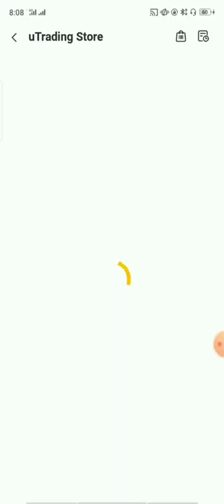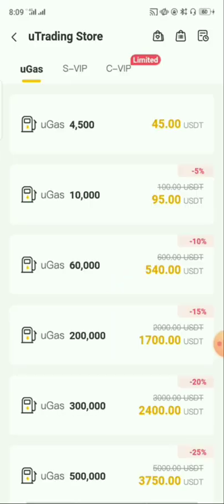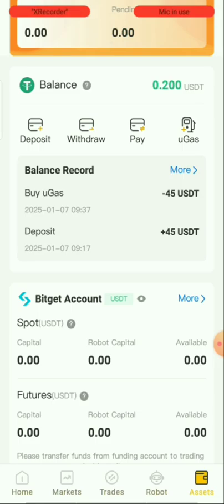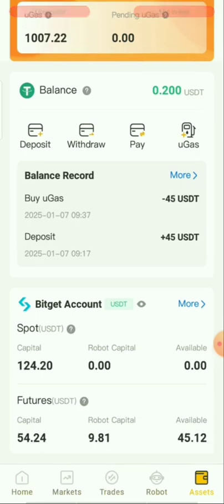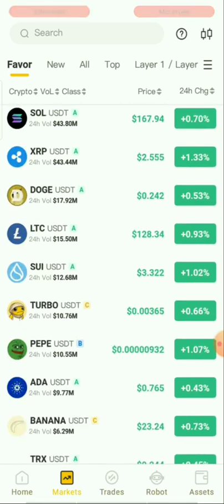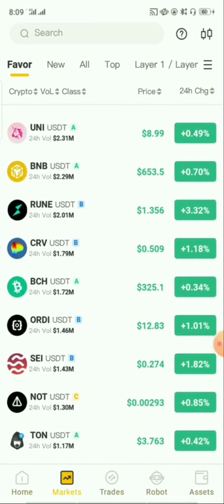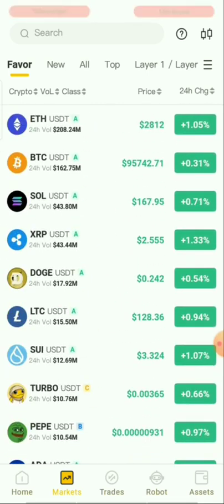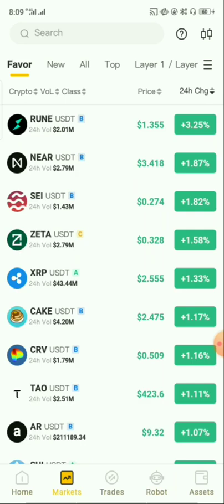This is how it is shared. $100 is used as the money to get you gas. Your gas is the fuel that the robot uses to trade while you are offline, or even though you are online, but you want to make use of the robot. The robot uses that to trade on your behalf. Then the balance of $100 is used as your startup capital.